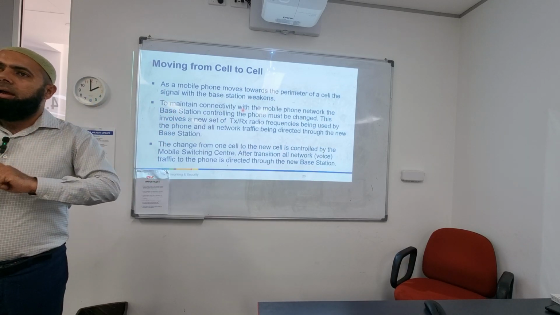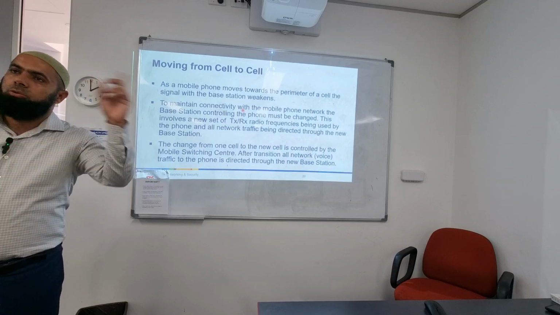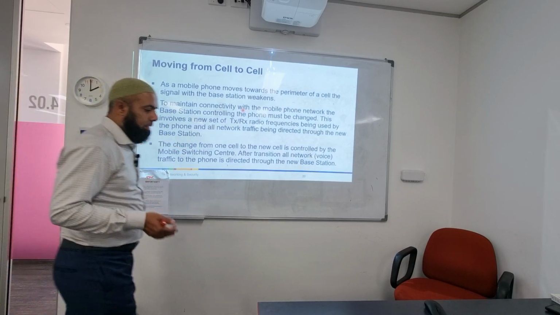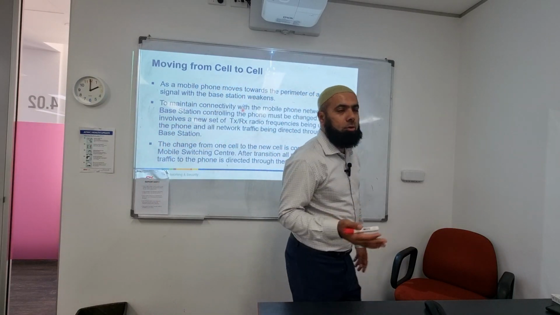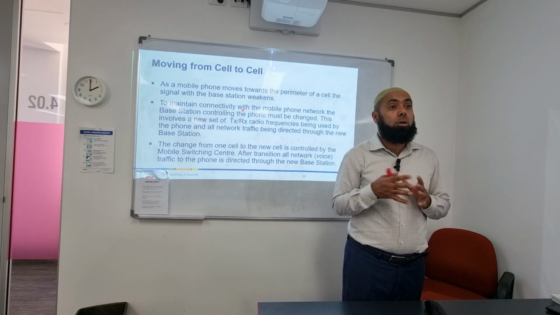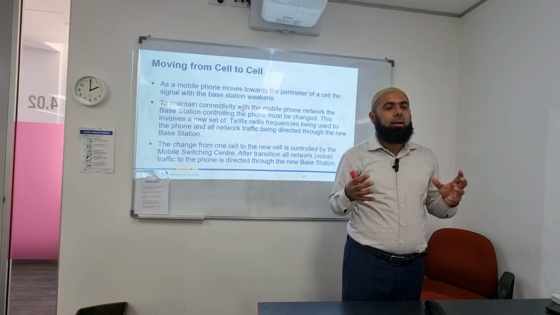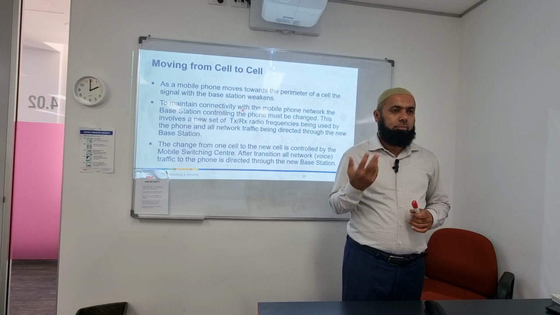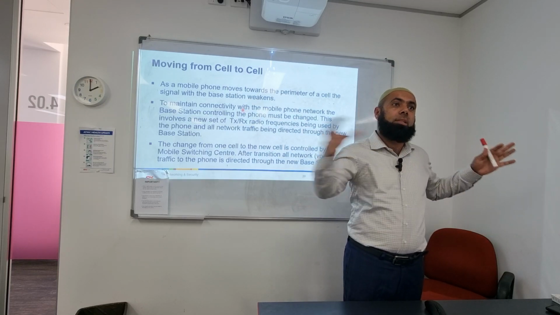Based on that, the MSC has to make a decision to switch our call to the next cell. Sometimes in very high speed cars or trains, our call drops due to that, because the handover is not done properly. If the handover is done properly, our calls are switched and we never know, because it's already switched from one BTS to another BTS.